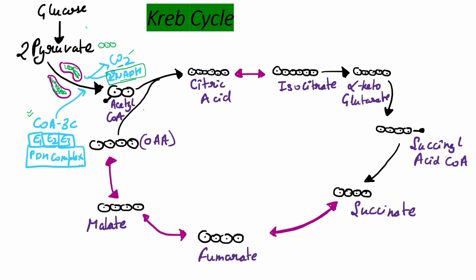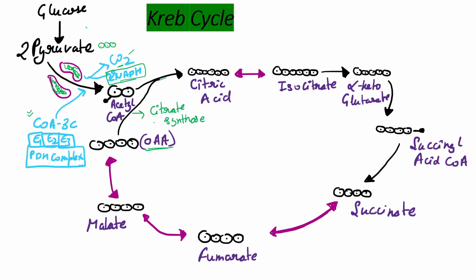Now this acetyl coenzyme A plus the OAA, that is oxaloacetate, would make citric acid, and the enzyme which is helping this formation is known as citrate synthase.